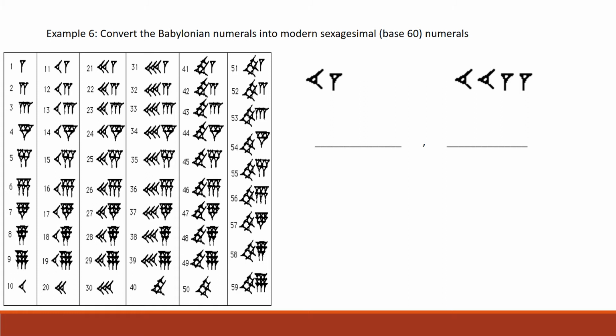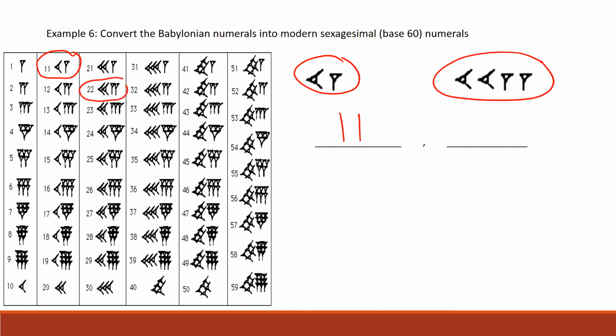Convert the Babylonian numerals into modern sexagesimal base 60 numerals. Really, this is just an exercise in finding the symbol on the chart. This one looks like 11. See if you can find that one in the chart. That one is 22.